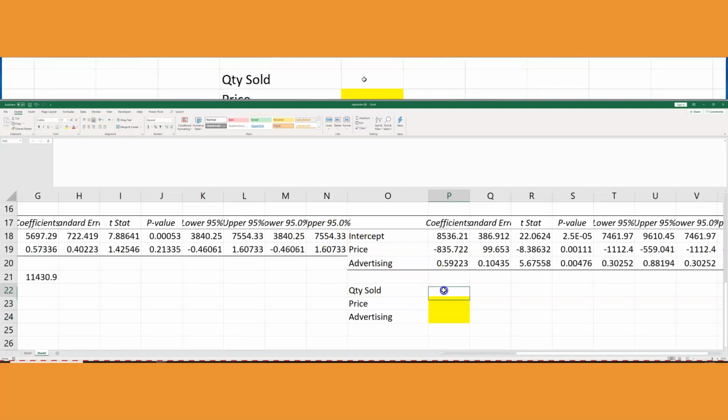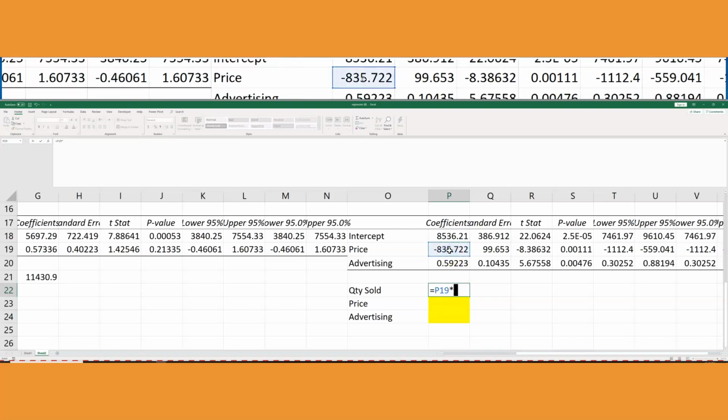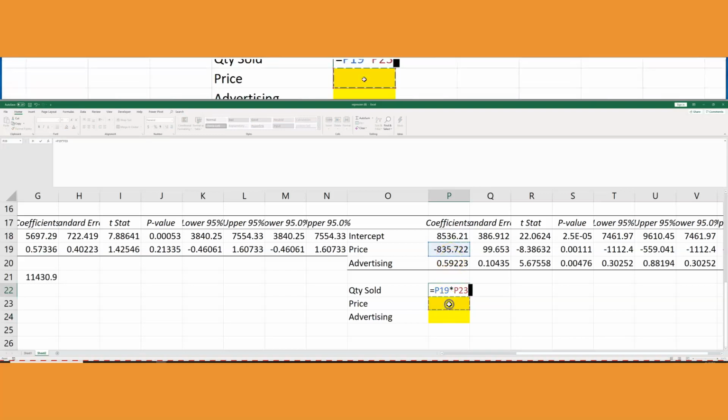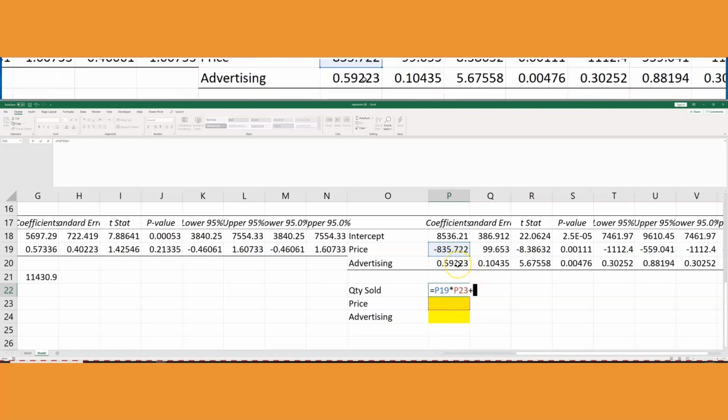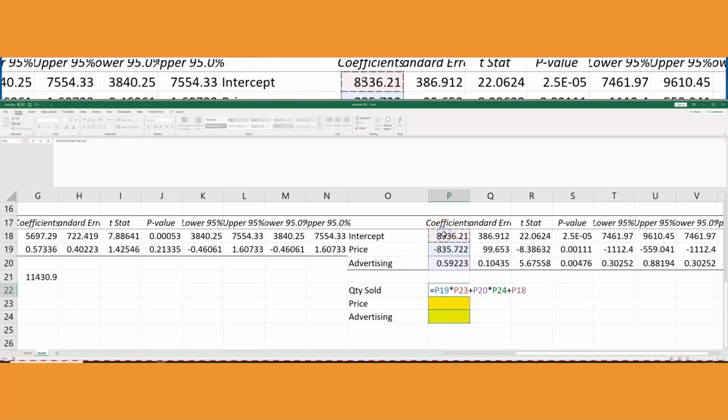So the quantity sold will be like here. So it's going to be, first of all, the coefficient for the price multiplied by whatever I put in the price here, plus the coefficient for the advertisement multiplied by whatever I put here for the advertisement, plus the intercept for both, which is going to be right here.